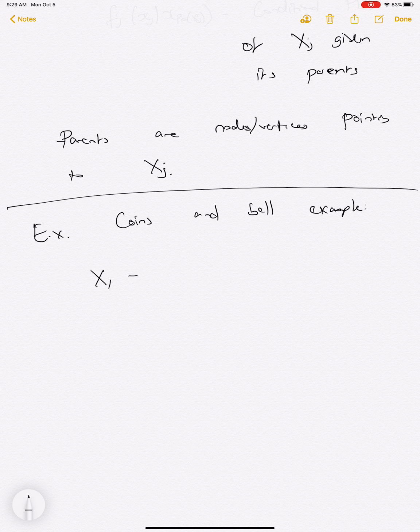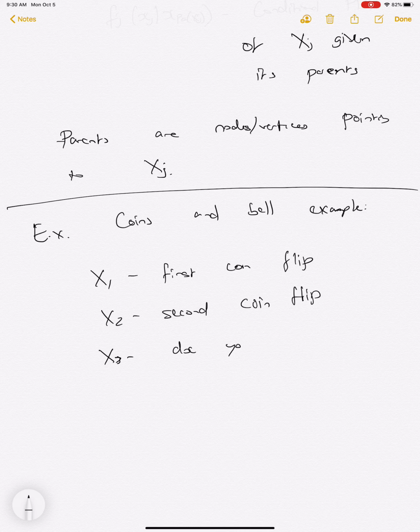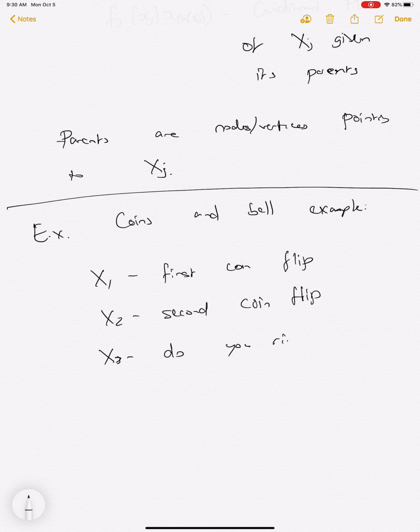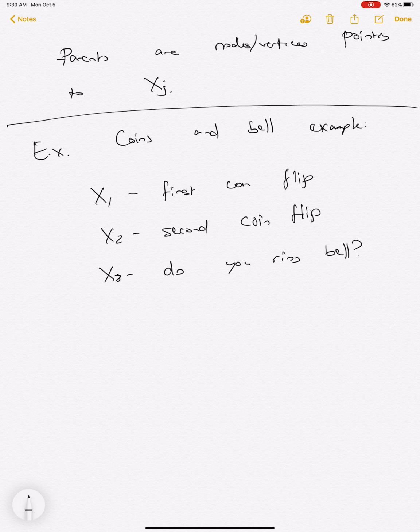There we have x1 was the first coin flip, x2 was the second coin flip, x3 was do you ring the bell, and so remember that the DAG looks as follows. x1, x2, x3.